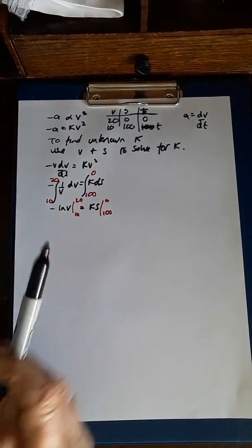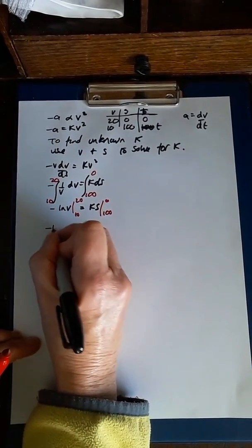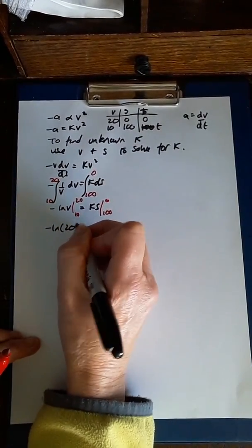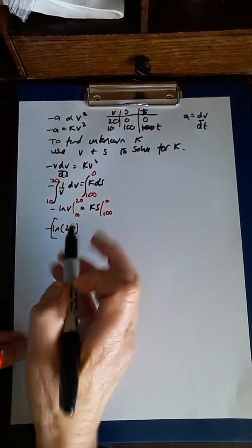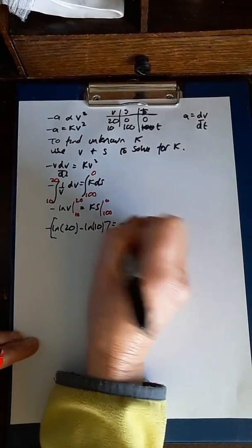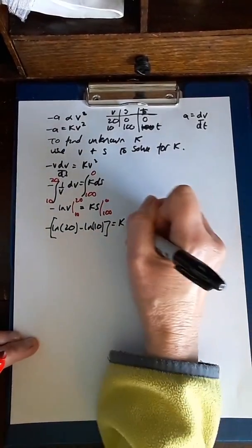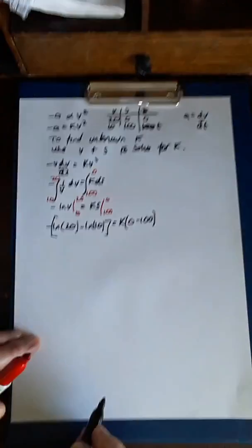So when I do this, look what happens. This becomes minus the ln of 20 minus the ln of 10, since I've put the minus outside, is equal to k times, putting in my limits for s, 100 minus 0.